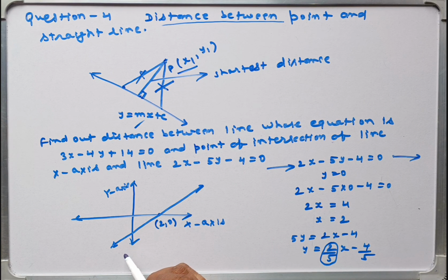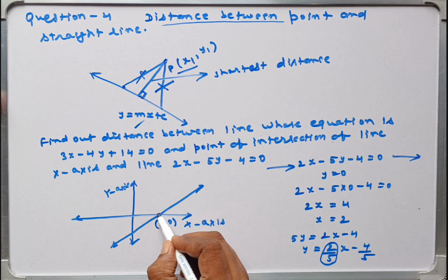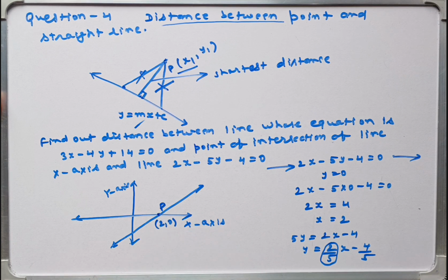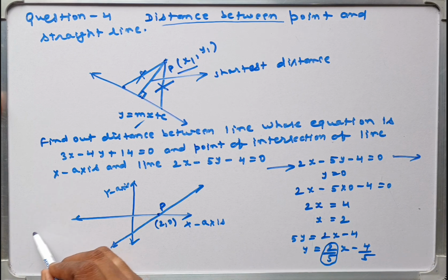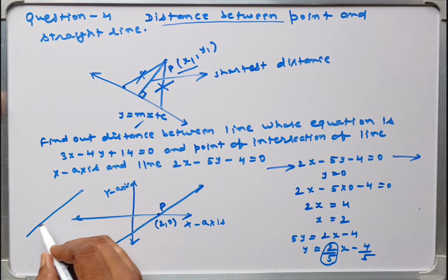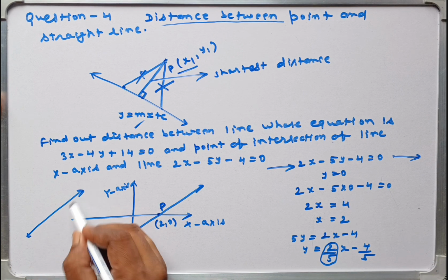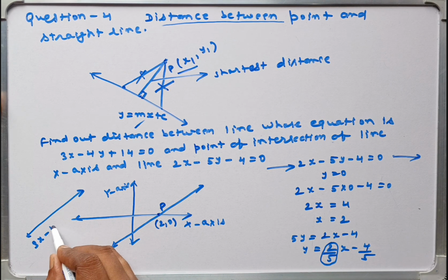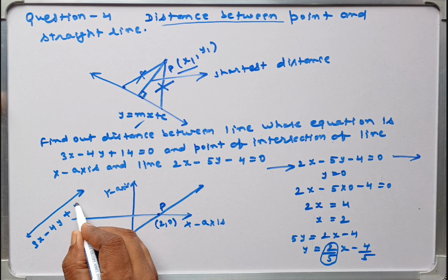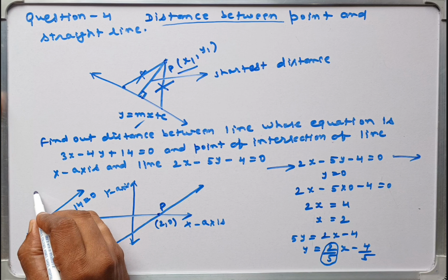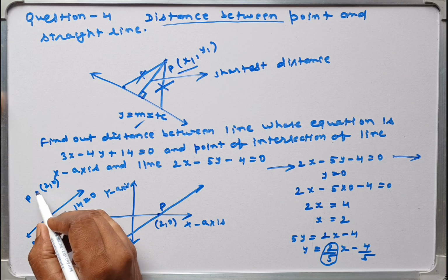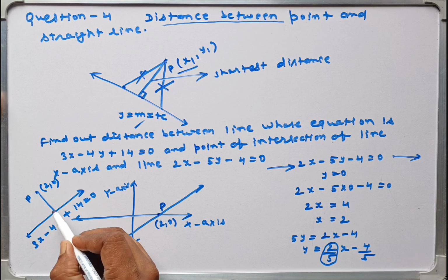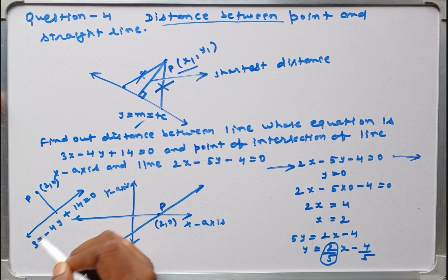Now the next question is, this one is a point P, suppose, and now you have to find out the distance to the other line 3x minus 4y plus 14 equal to 0, where point P has coordinates 2 comma 0. So what will be the distance between this point and this straight line?